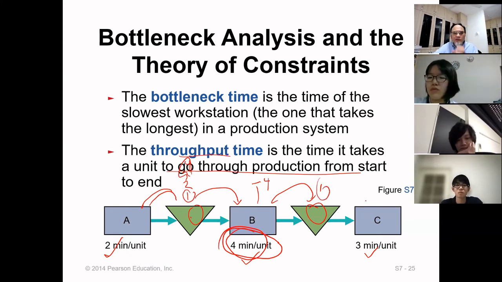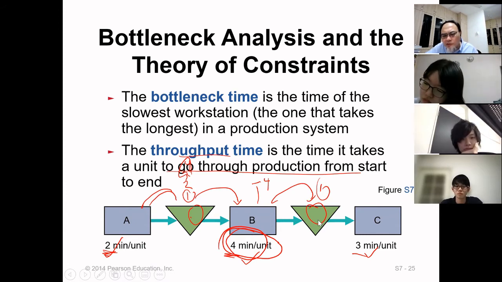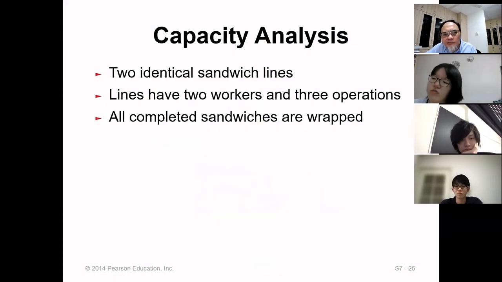So this is the bottleneck. That's the concept. In a production line, like car production, the cycle time is the same. If you go to Toyota, it is 1 minute, 1 minute, 1 minute. There is another concept, takt time, but this is the concept of the bottleneck.